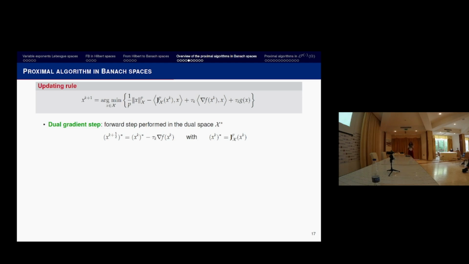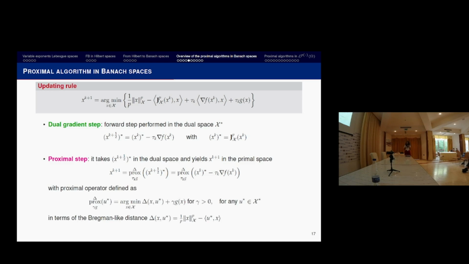So we compute the gradient in the dual space. And the proximal step goes from the dual space to the primal space, and it is defined in terms of a proximal operator depending on both g and the distance function delta, which is a Bregman-like distance.